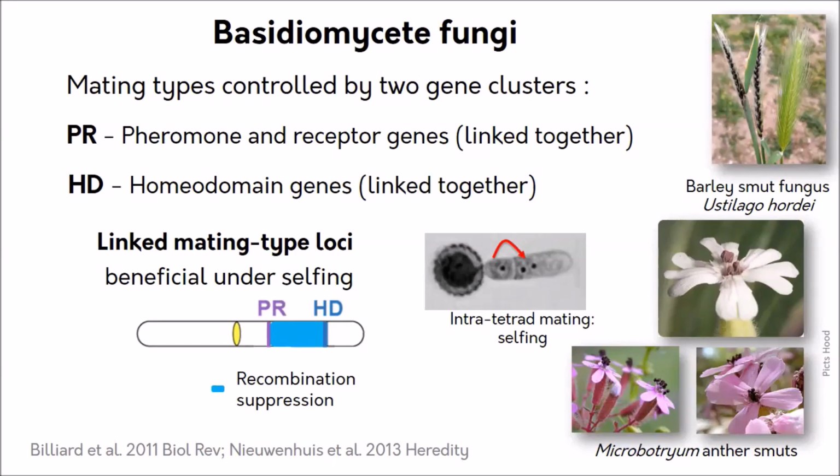And so for a given individual, when the HD and PR loci are linked together, one particular gamete will be compatible with half of the other gametes, while if the loci are unlinked, it will be compatible with only 1/4 of the other gametes. So we understand why there could be suppressed recombination between the HD and PR loci, but then the question is whether it extends beyond the mating type loci, in evolutionary strata.